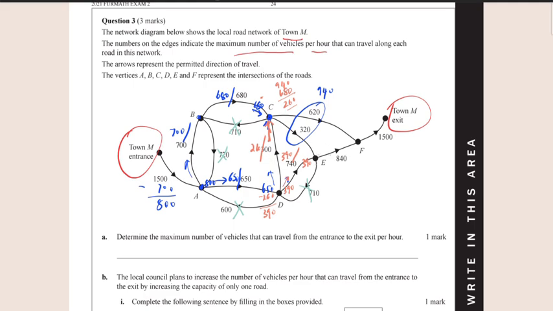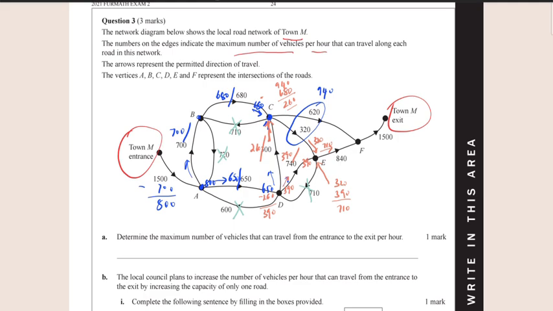We can see that at the intersection E, there are two inflows. One is 320 and the other one is 390. The addition of these two inflows is 710. So 710 continues to flow towards intersection F.